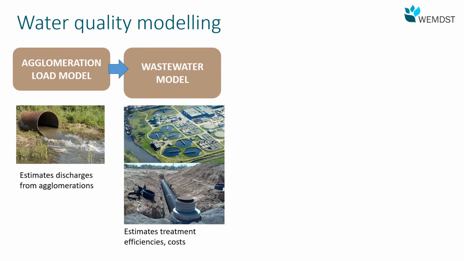Because of wastewater treatment, the loads that are discharged into river bodies are reduced. The wastewater model also predicts the costs of the wastewater treatment plant together with the sewage network that needs to be constructed.